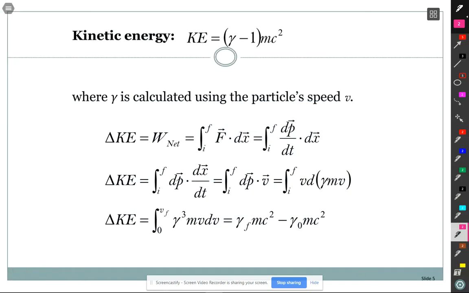Last thing on relativity is the calculation that I showed them in class yesterday, how we go from Newton's second law. What is Newton's second law in its most correct form? Net force equals mass times acceleration?